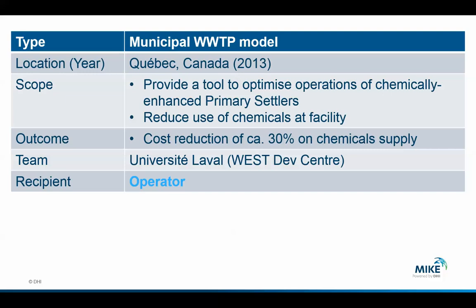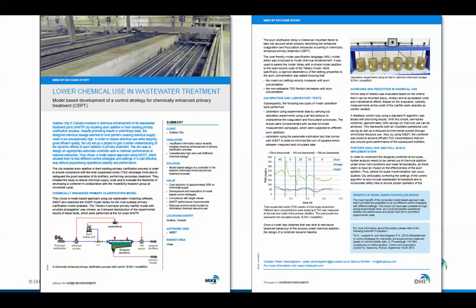The model was then integrated in a larger model and used to demonstrate to the client that they could actually save up to 30% on the chemical costs by changing the current operations. If you're interested in learning more about this specific case, you can download the leaflet from our website.